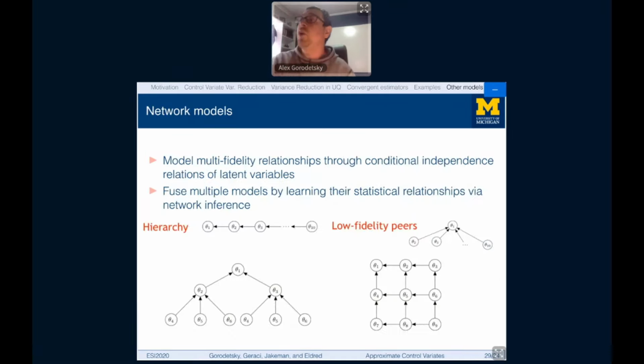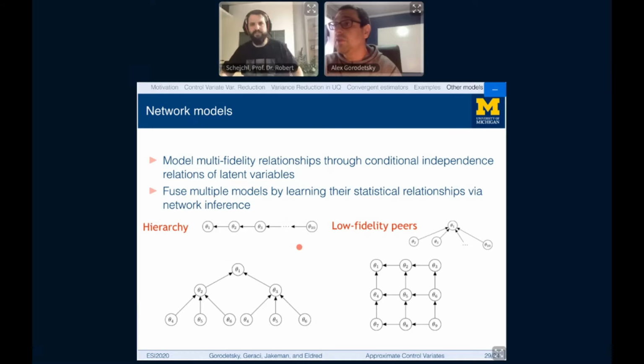And then we hope that we can incorporate within this structure the modeling relationships. So one way to naturally model these relationships, and I apologize for the poor quality, is through structured models of graphs. So for instance, you can model multi-level things and peer things. You can also model multi-level things in trees.